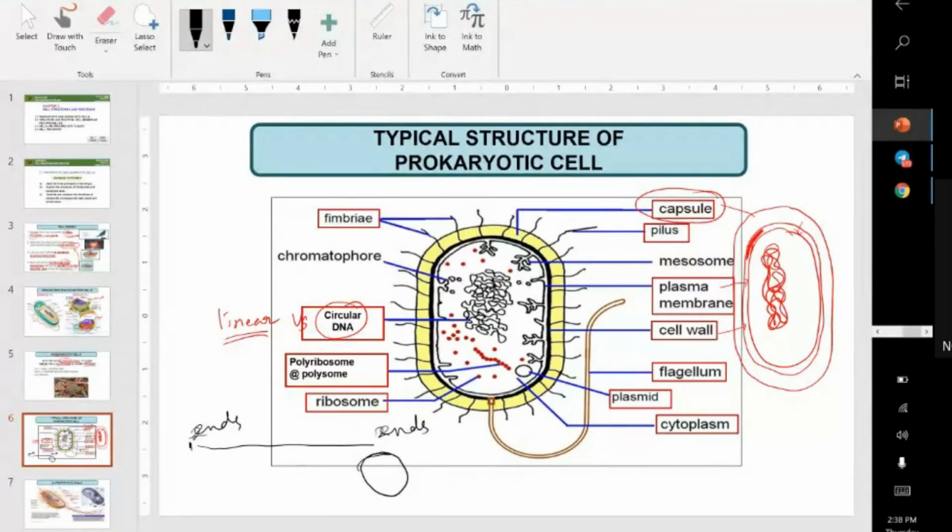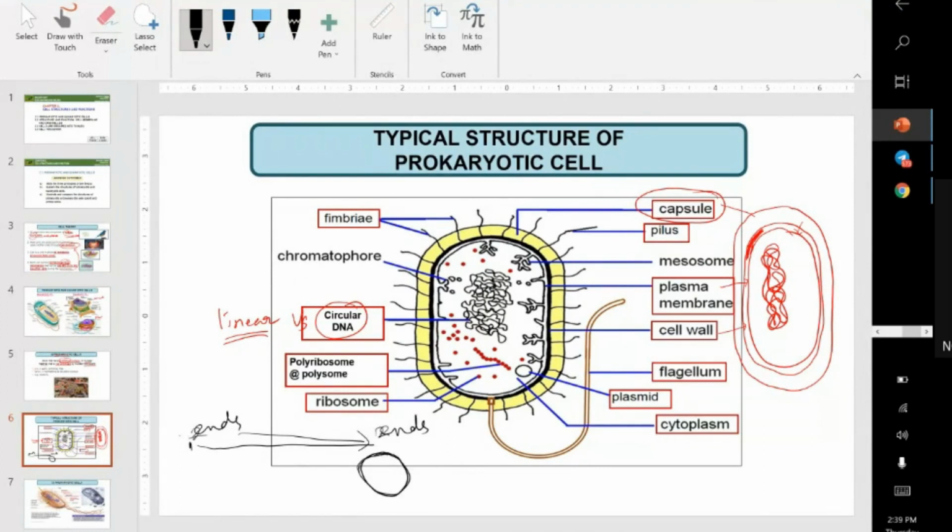Our DNA starts here and it ends here. But in bacteria, the DNA ends where it starts, at the same place. That is circular DNA. That is why when drawing it, there should be no ends; the ends meet.